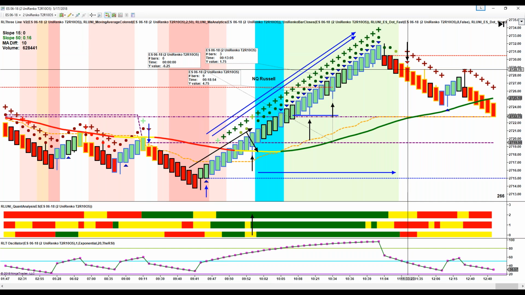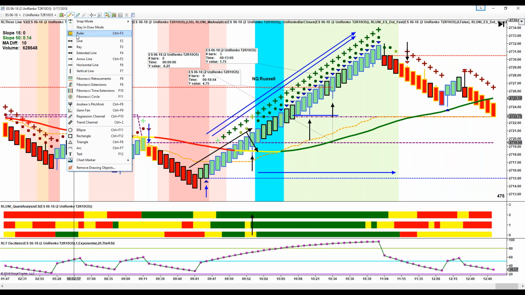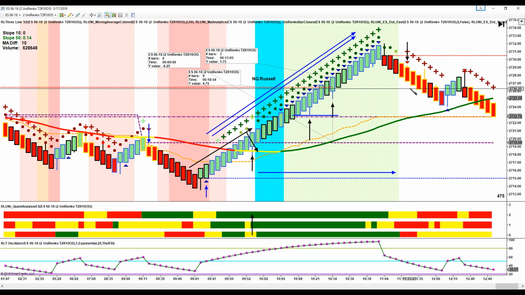You have the oscillator signal, and you have the key intermediate quant looking at order flow and money flow, and you have the minor, which is absolute icing on the cake. So you have yourself another really, really nice winner here.